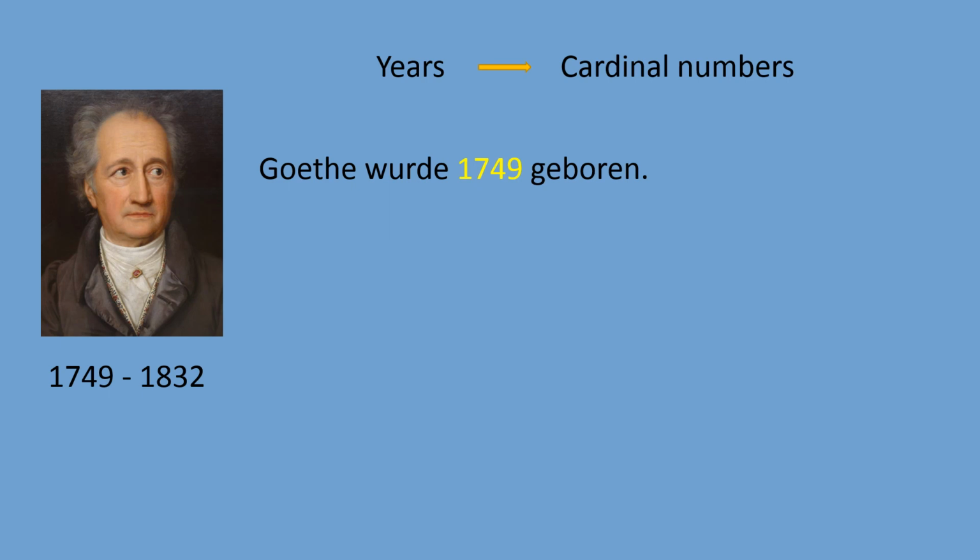Look, what I highlighted in yellow is our number, and we just see these digits, and we say what we see. So we use cardinal numbers. If we write it down, it will look like that. You remember, Germans do not separate the parts of numbers. So Goethe wurde 1749 geboren.